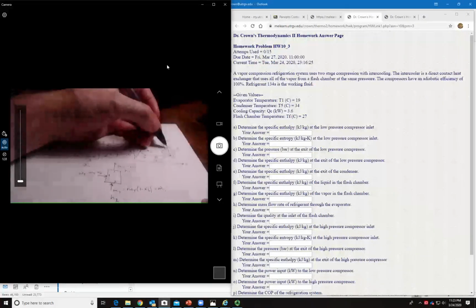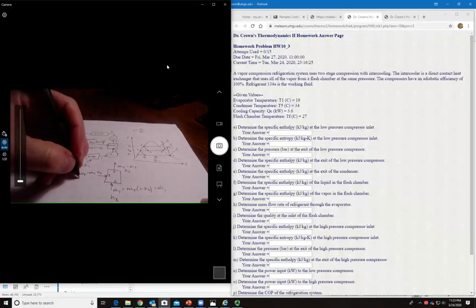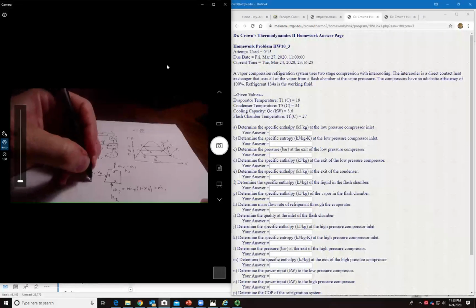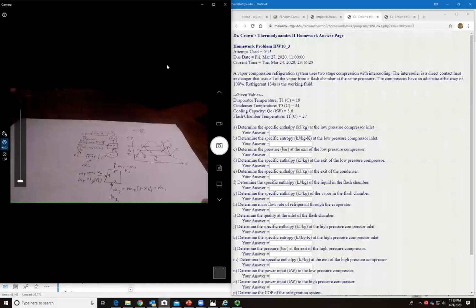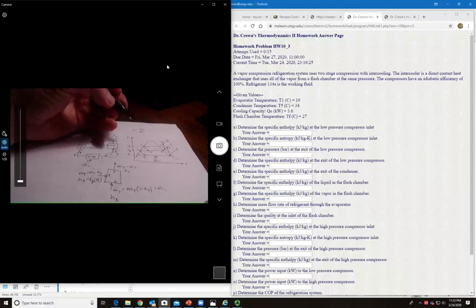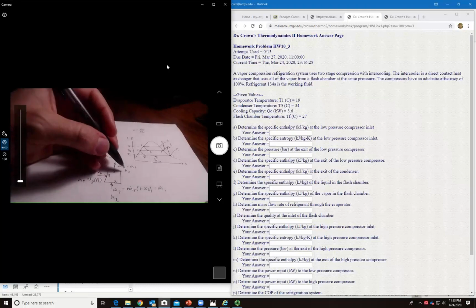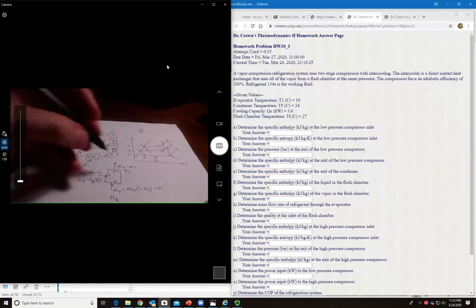So H2 we can find. H9 equals HG at P9, or P7. And now we know mass flow rate and enthalpy, and we can solve for the enthalpy here by using the first law.